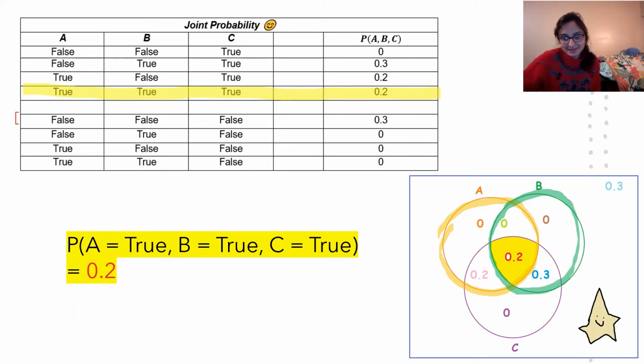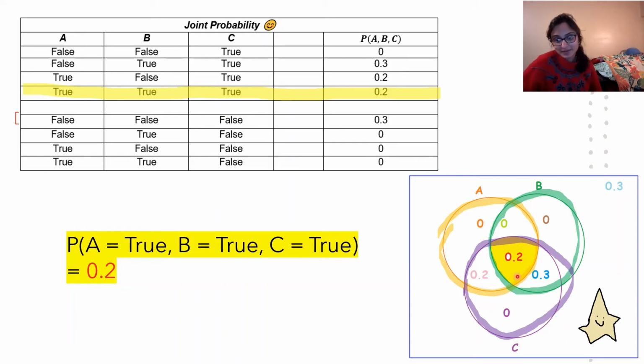And similarly, because C is true, we also look at what part falls within. I'm not really good at drawing, as you can see, but what is the intersection of all 3 of these circles? Well, it happens to be just this part in the middle.